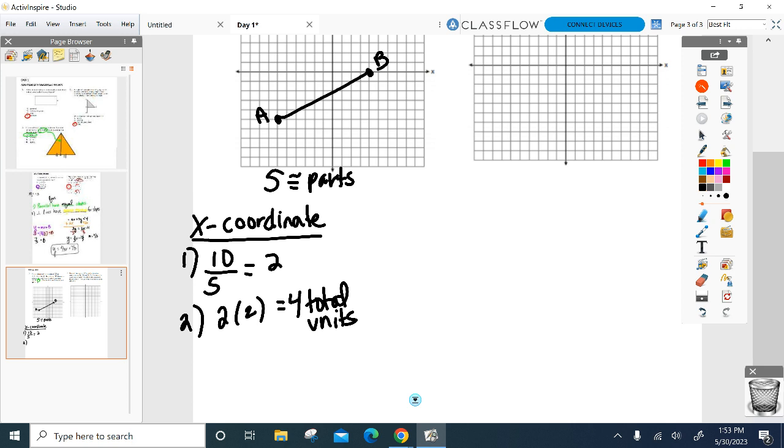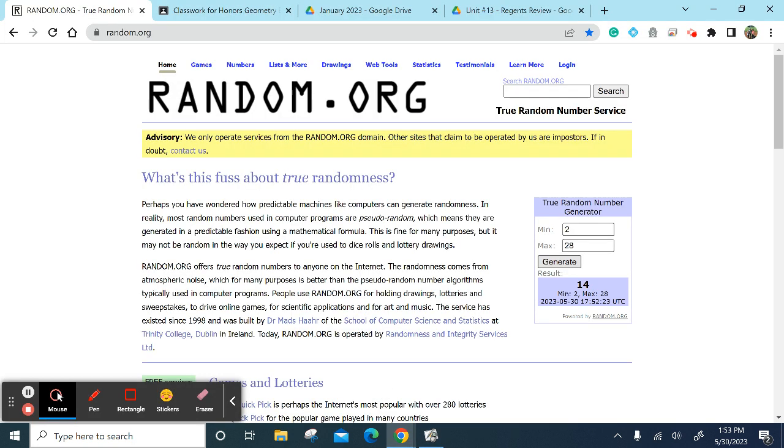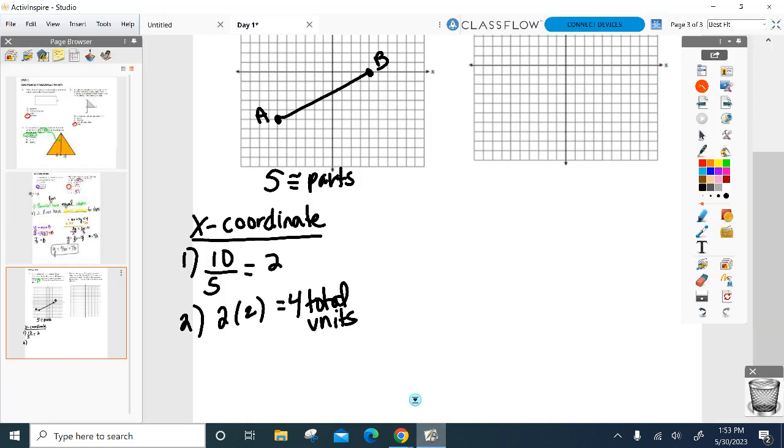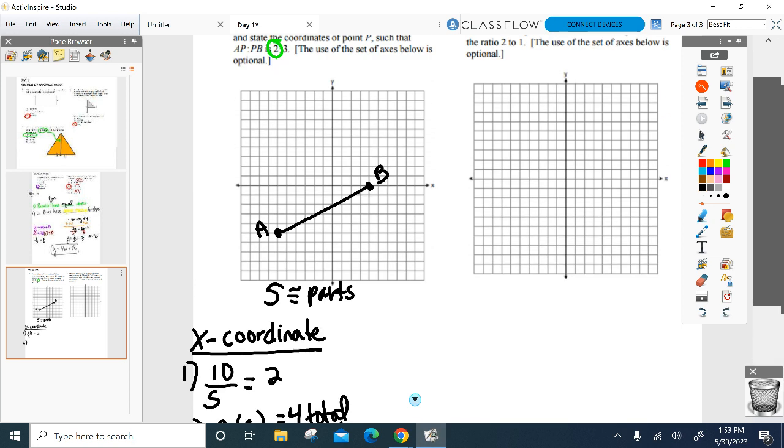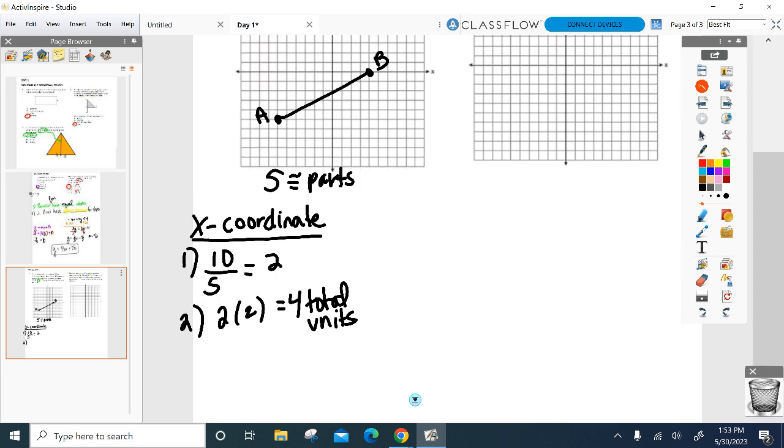Your starting x coordinate. Where did you start on the x-axis? -6. So from -6, you better go over 4 units. And on the x-axis, I end up at -2.